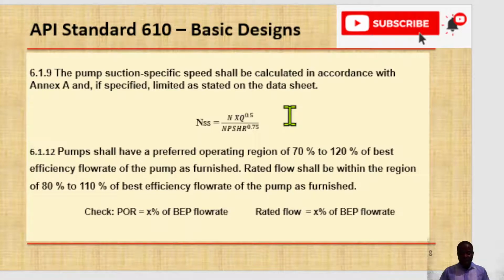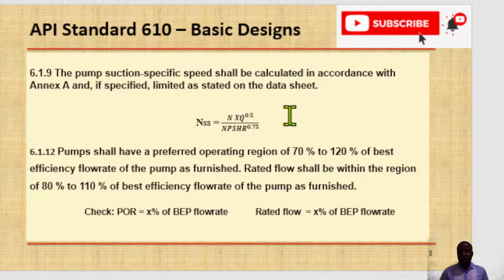And I told you that the most commonly used hard limitation for pump suction specific speed is 11,000 US units. And don't forget, the suction performance of a centrifugal pump is an extremely important consideration for optimal pump performance.